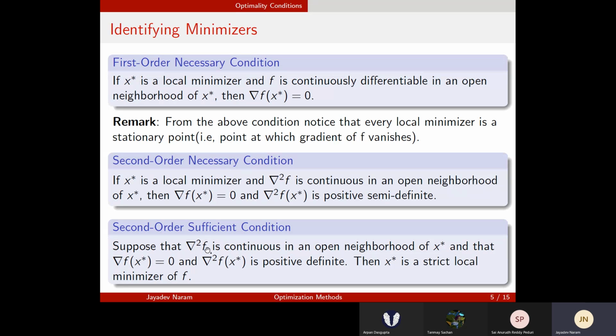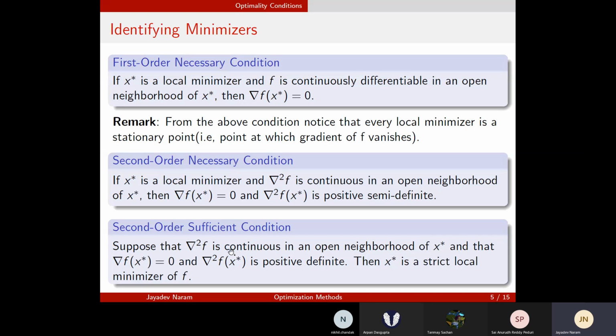Suppose that the Hessian of f is continuous in an open neighborhood of x star, and that grad f of x star is equal to 0, and the Hessian at that point is positive definite. Before it was positive semi-definite, and here it's positive definite. If these conditions hold, then this point is a strict local minimizer. It's not just a local minimizer, but it's also strict. So this is a good thing to have.